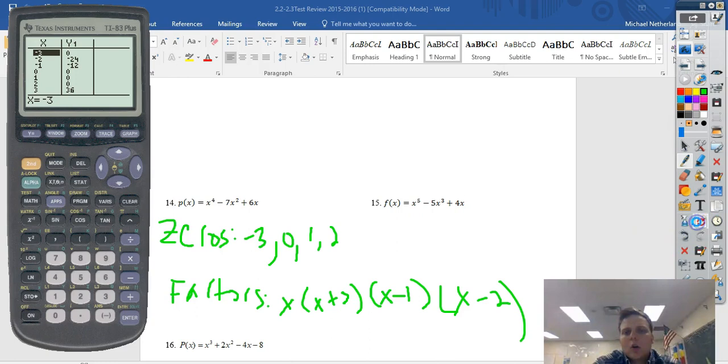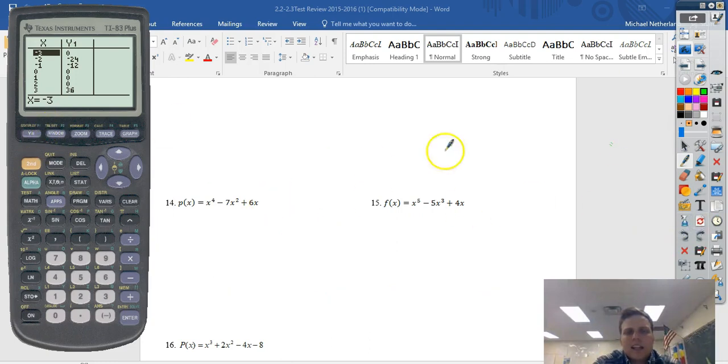Alright, so problem 15 now. Problem 15 is x raised to the 5th minus 5x raised to the 3rd plus 4x. I'm going to hit graph.